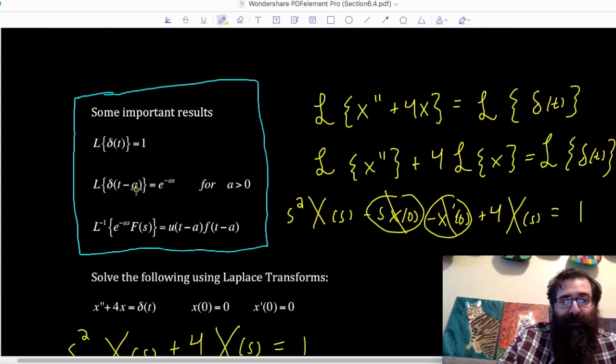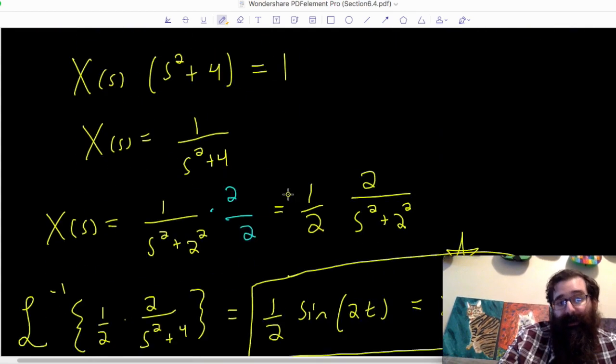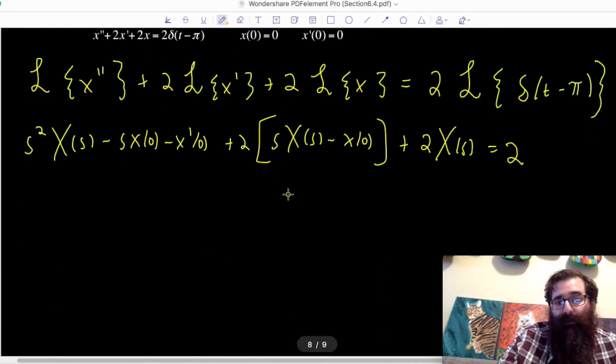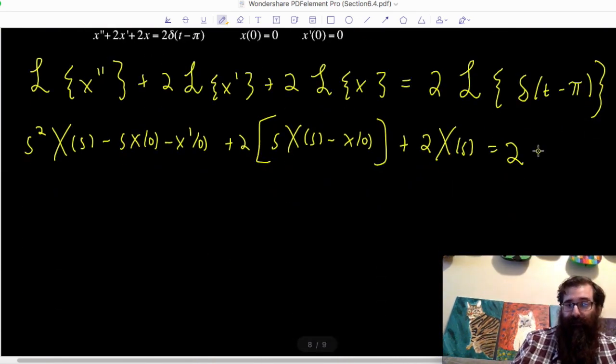So delta of t minus pi should give us e to the minus pi s. I can never make my way back. E to the minus pi s.